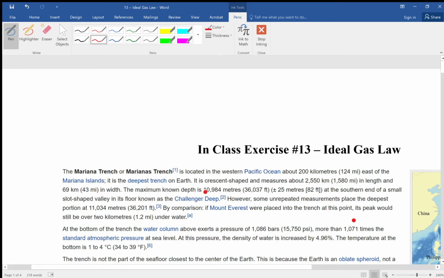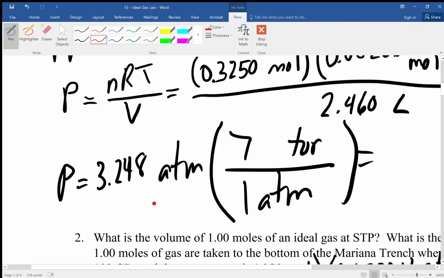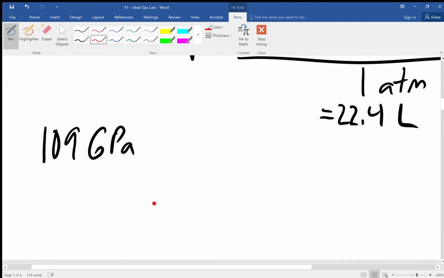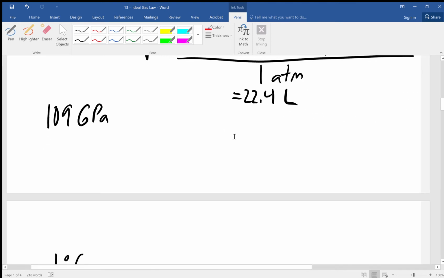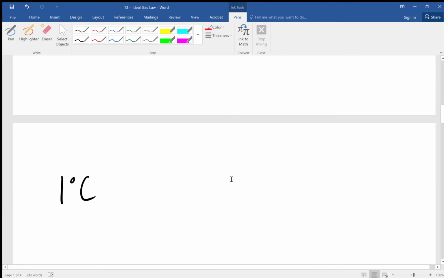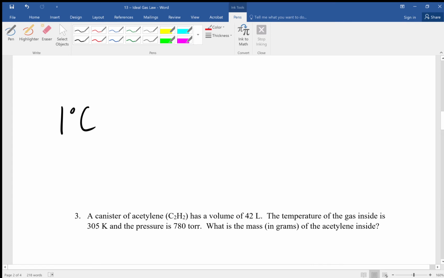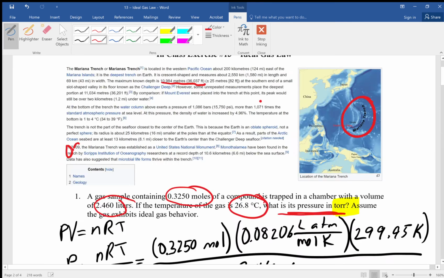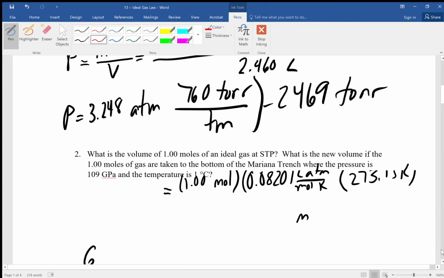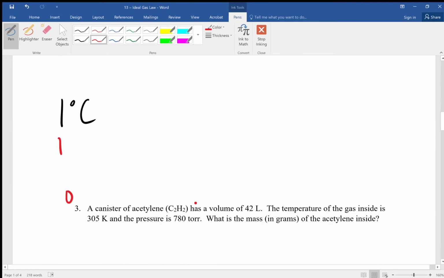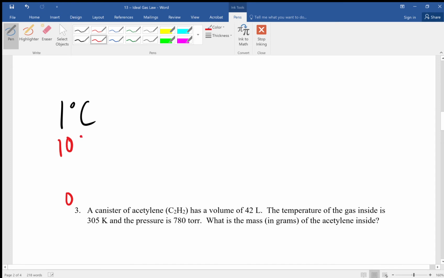Its maximum known depth is just over 36,000 feet. So being that far down, the pressure ends up being extremely high. So again, that's 109 gigapascal, at 1 degree Celsius.